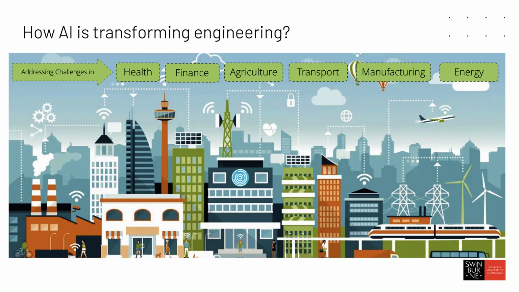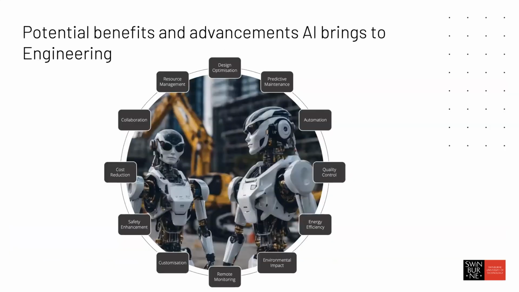So let's see what are the potential benefits and advancements that AI can bring to engineering. I summarize those in different fields. For example, in design optimization, AI can assist in the design process by running simulations and algorithms to optimize product design.